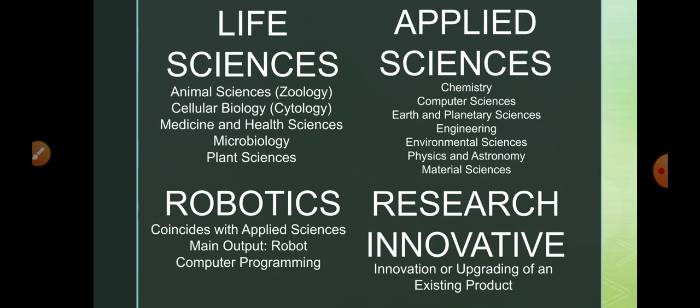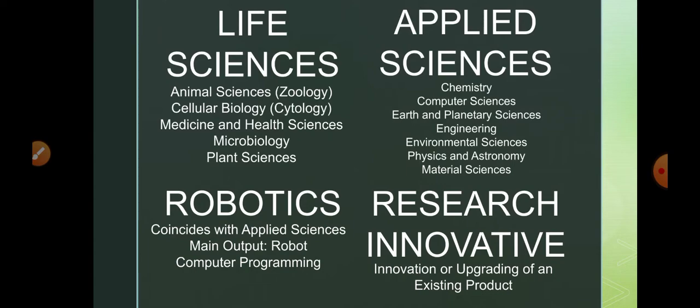Okay? You must upgrade an existing product for its further development. Preferably, it will add technological advancements to the existing product you wish to innovate. Okay, so these are the differences of the SIP categories that we have.